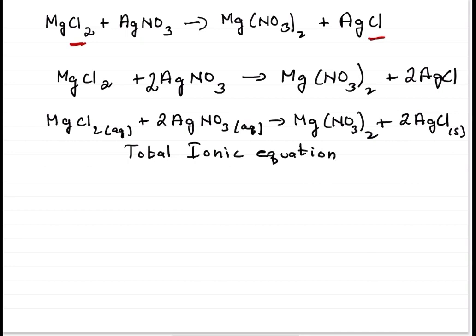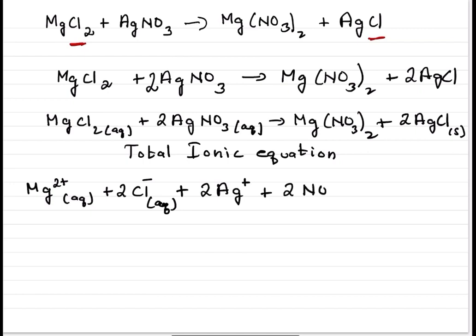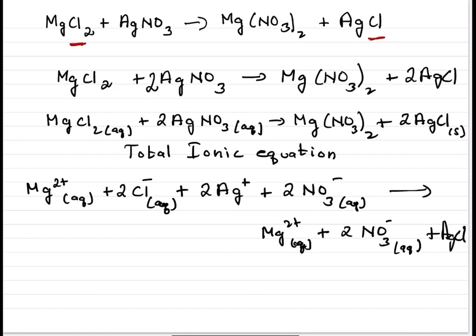So let's write it down. Mg2 plus, aqueous, plus 2Cl minus, again aqueous, plus 2Ag plus, and then plus 2NO3 minus, that's aqueous, will give you Mg2 plus, aqueous, and then plus 2NO3 minus, this is again aqueous, plus 2AgCl, and that's solid over there.